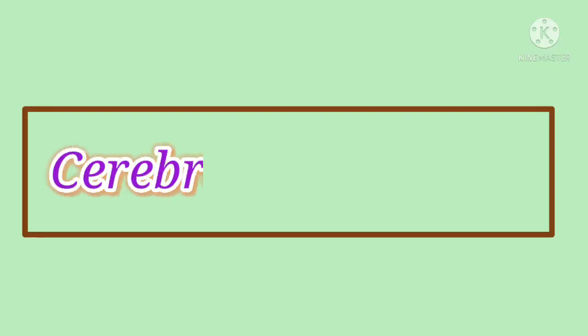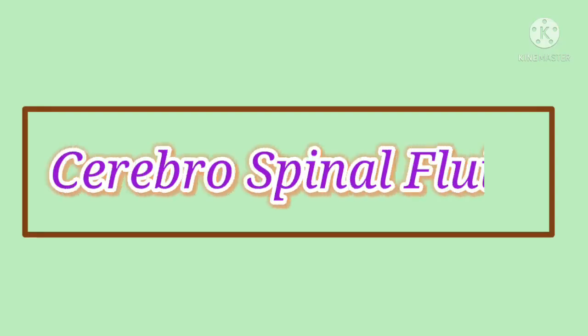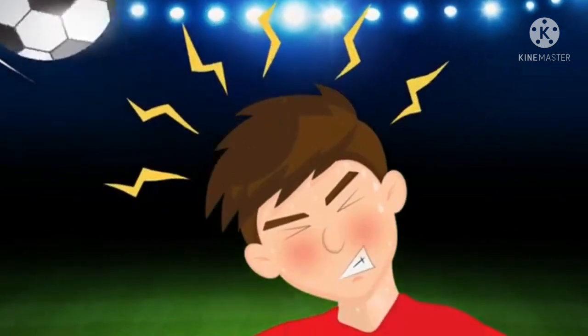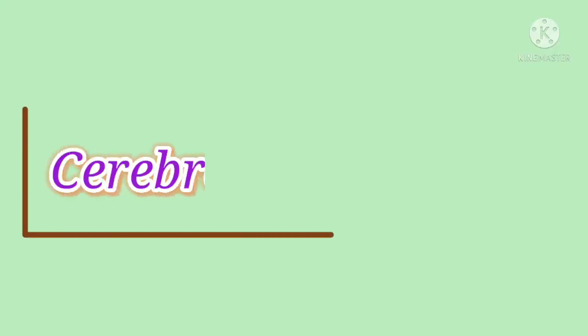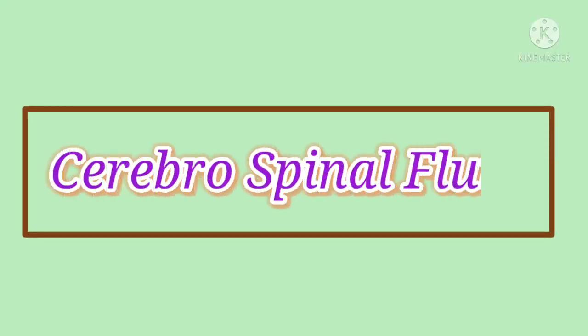Let us learn about cerebrospinal fluid. When a person falls down or an object hits the head, the brain does not get damaged. Do you know why, children? Because the cerebrospinal fluid protects the brain from damage.